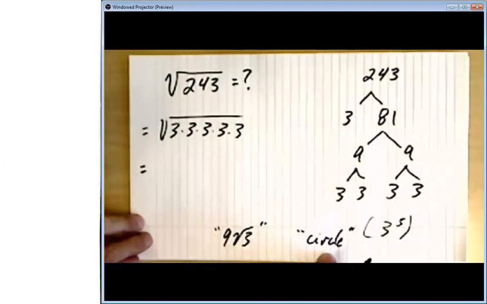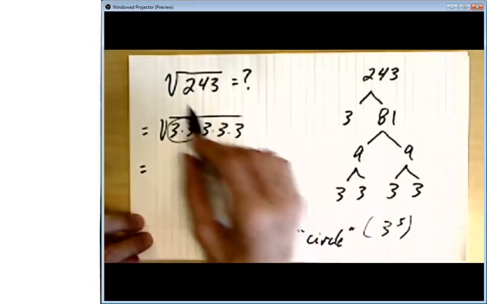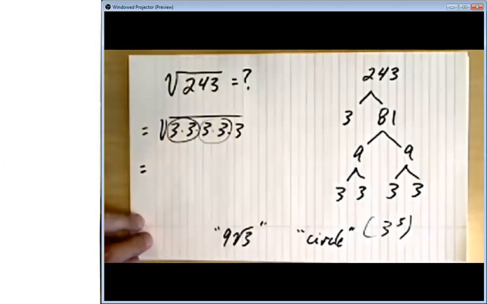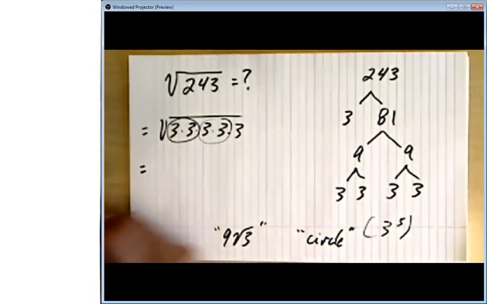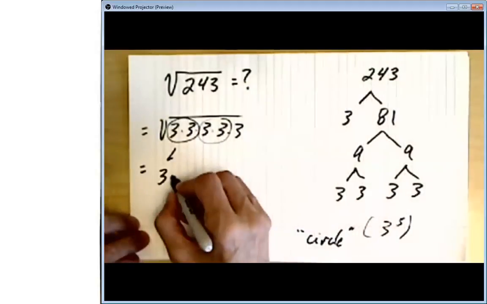Nice. So, that's right, circle 2 of them at a time because it's square root, right? So circle 2 of them at a time, just like that. Yeah, that's the 9 that I heard over there.